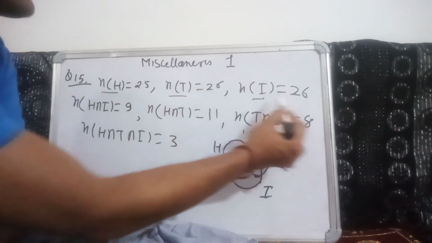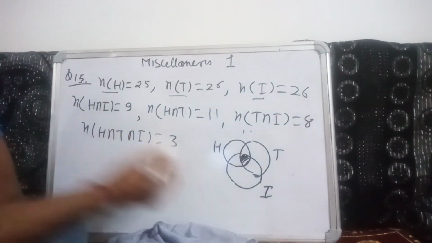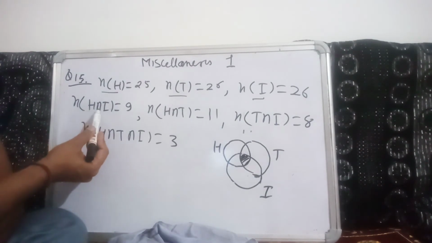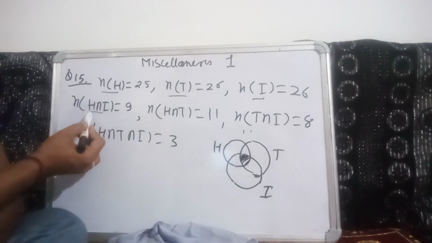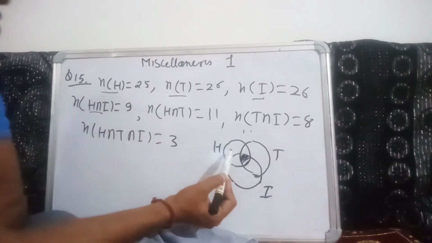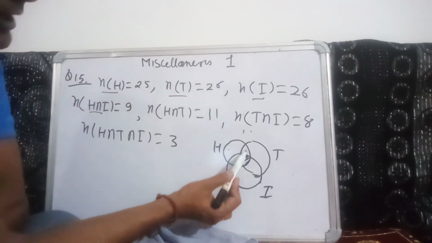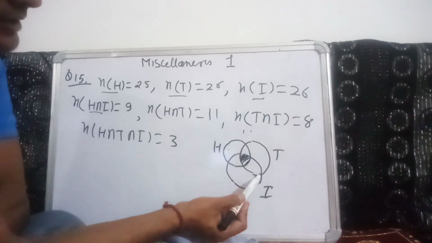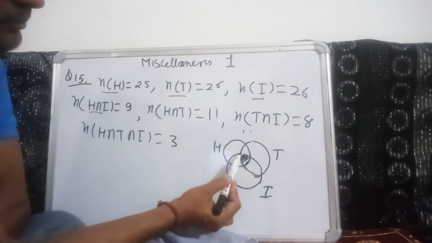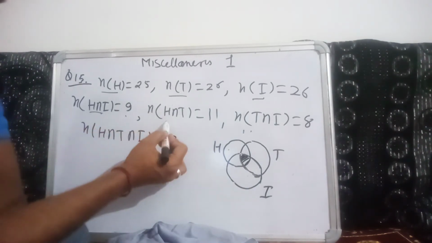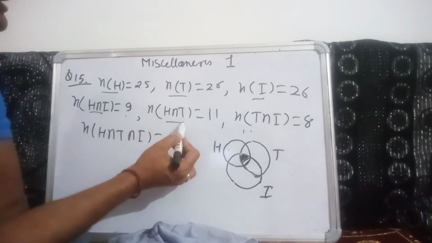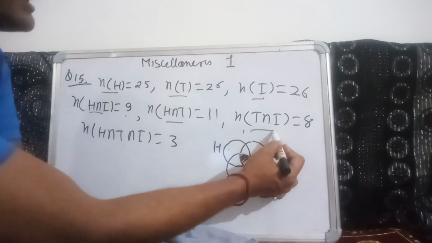Similarly, n(I) is equal to 26, and the common of H and I means those people who read both the newspapers H and I, the part of H and I. This part is 9. Similarly, H intersection T is 11 and T intersection I is 8.